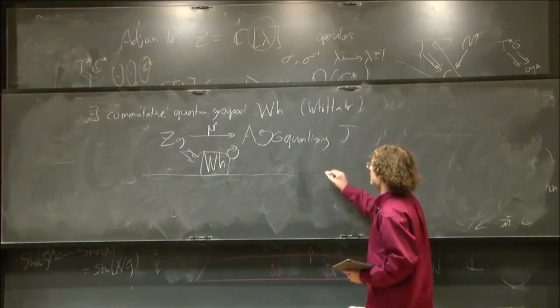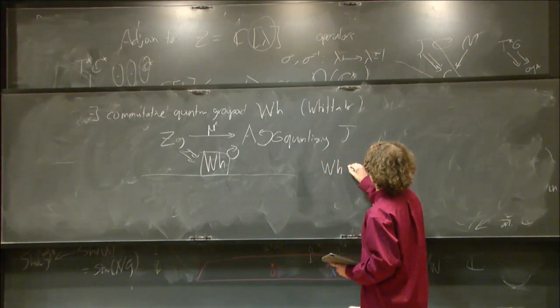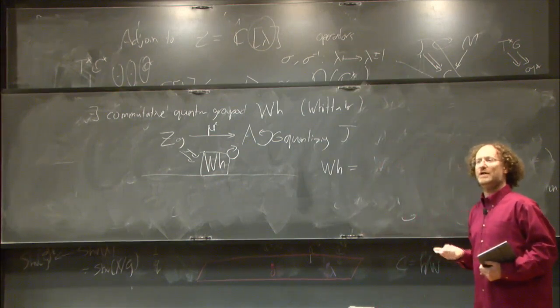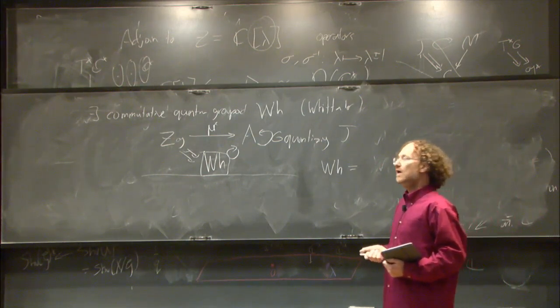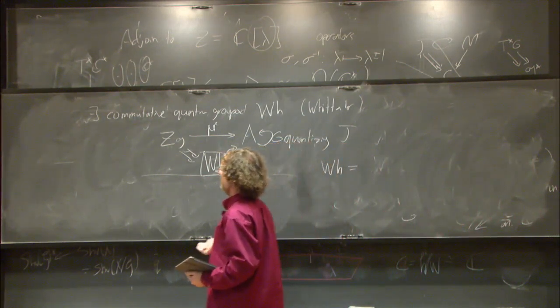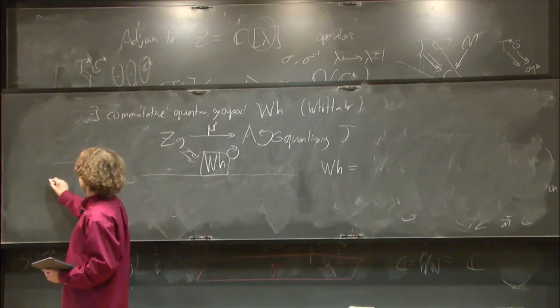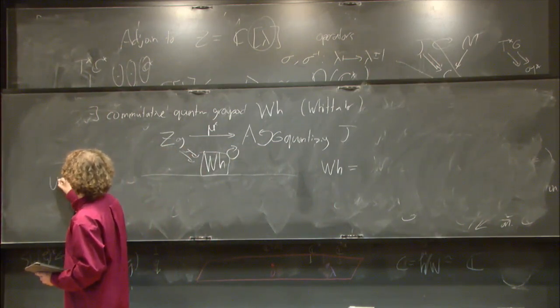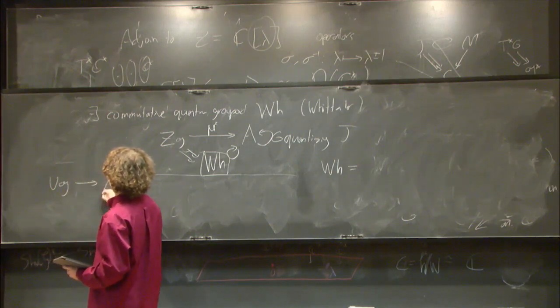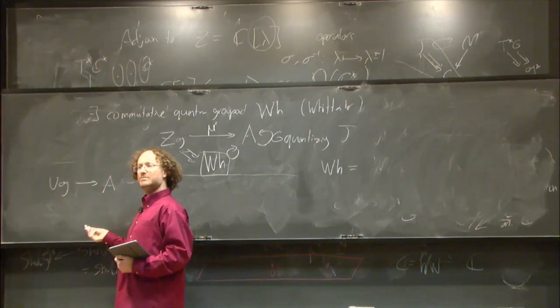Right. So it has to do with it because let me give you two formulas for what this WH is. So A, I guess I'm using A for two different things, but A could be any of these. So here I had UG mapped to A. I had a quantum Hamiltonian G space.